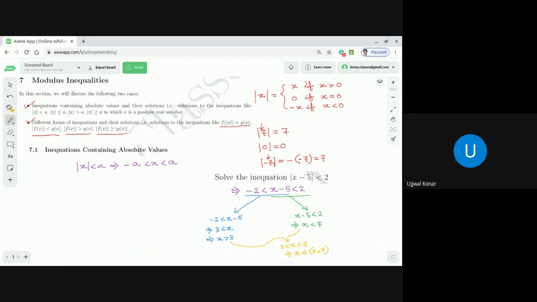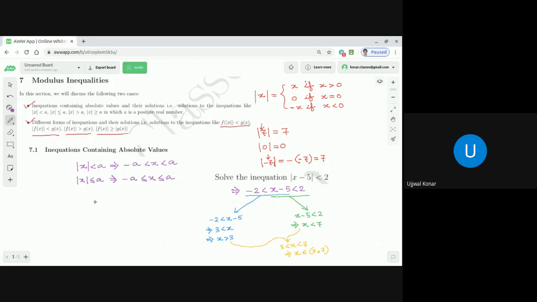So this thing, that mod of x less than a implies minus a less than x less than a, you should be knowing. These are the prerequisite knowledge you must have. Similarly, if we get mod of x less than equal to a, we can say minus a less than equal to x less than equal to a.